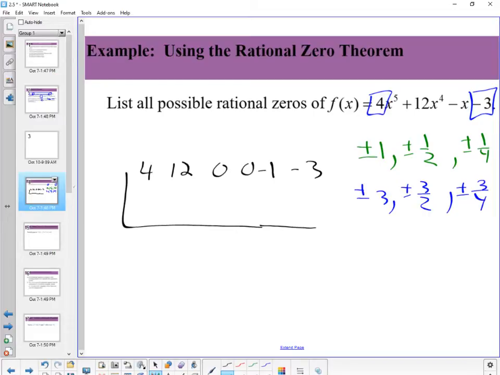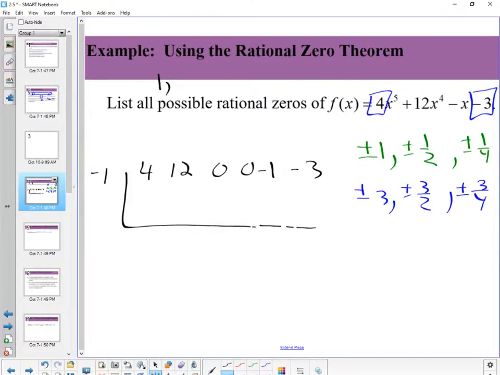So let's start by trying out positive 1. If I try 1, I've got 4, 16, 16, 16, 16, 16, 15. And then I would get 15, and that's not a 0, so that means 1 is not going to work. I'm going to make a list of what I've already tried, because I don't want that bad boy. You guys want to try negative 1 now?